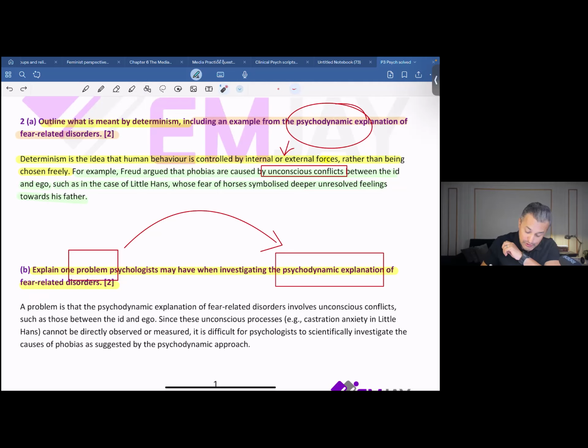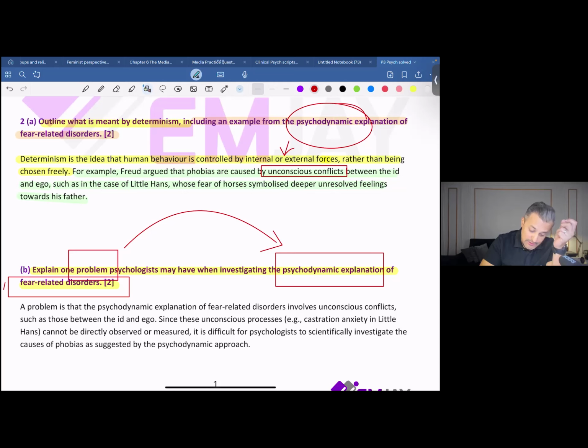Not only do you need to know the psychodynamic explanation, you also need to know it according to the anxiety and fear related disorders unit. Because remember, the psychodynamic explanation is used in two units in your syllabus: the unit anxiety and fear related disorders, and also the unit obsessive and compulsive disorders.